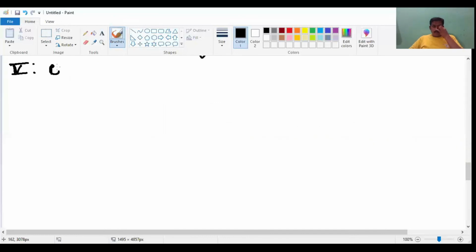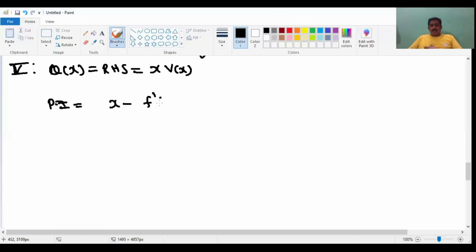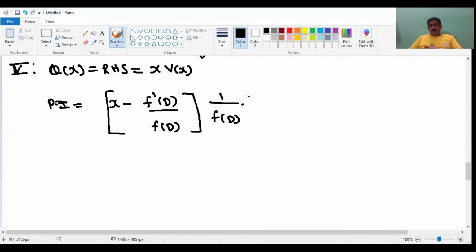Type 5: q of x or RHS equals x into v of x. The particular integral can be written as x minus f dash of d divided by f of d into 1 divided by f of d into v of x.